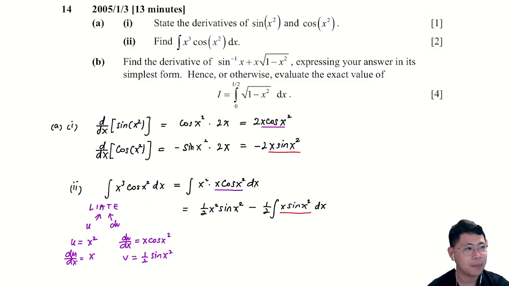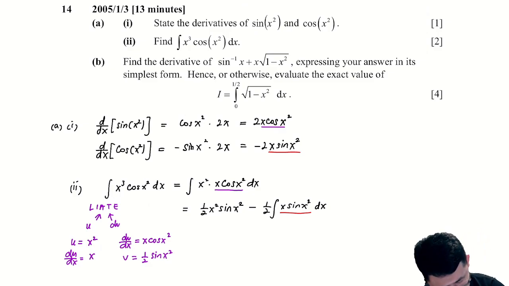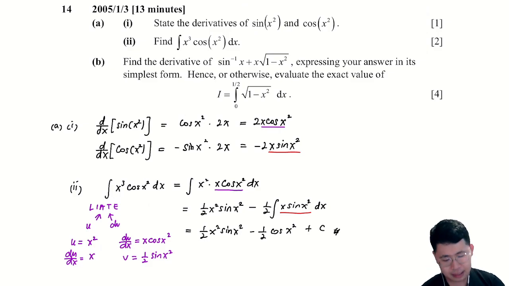Do we still need to integrate by parts again? Actually, no need. We can just integrate this straight away. So we got half x squared sine x squared, then minus half of, now integrating this back to the original expression, this will be half cos x squared. Then at the end of the day we plus c.